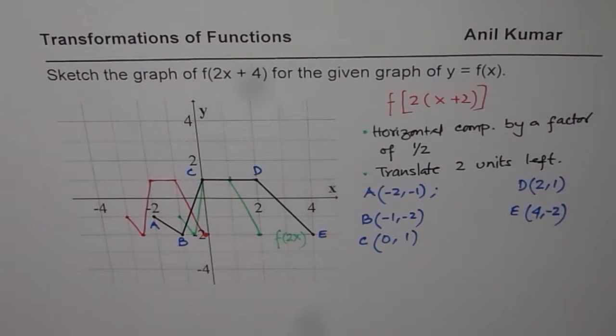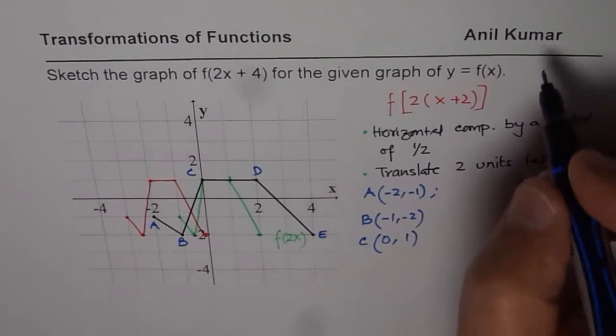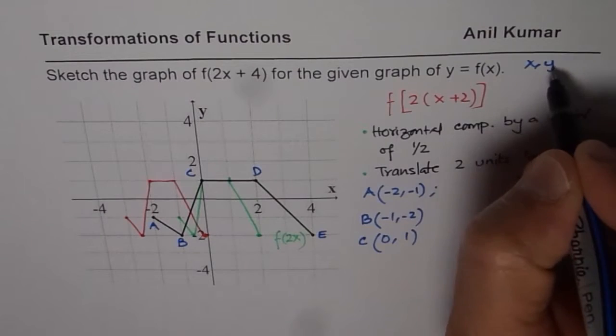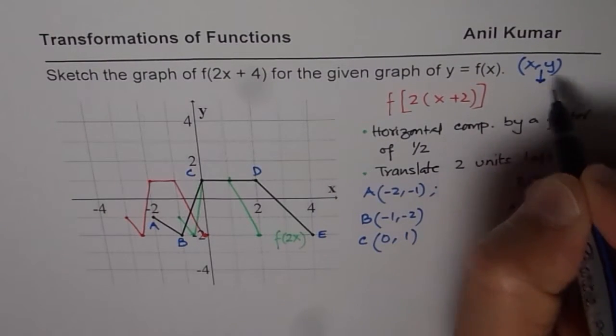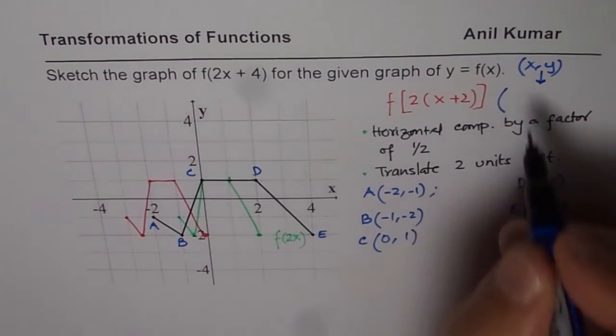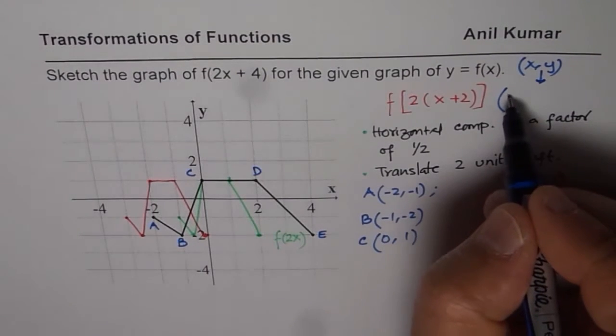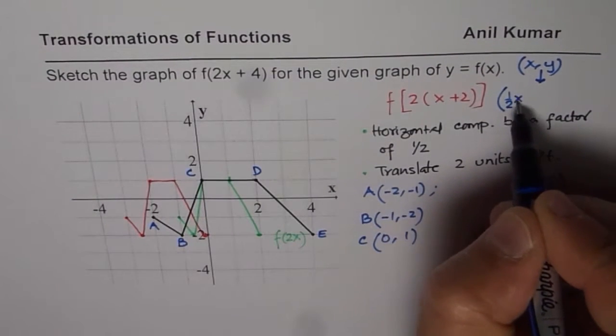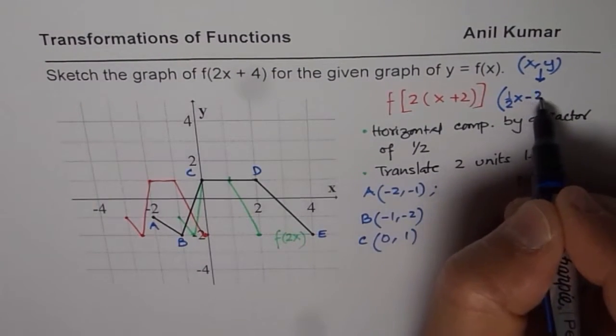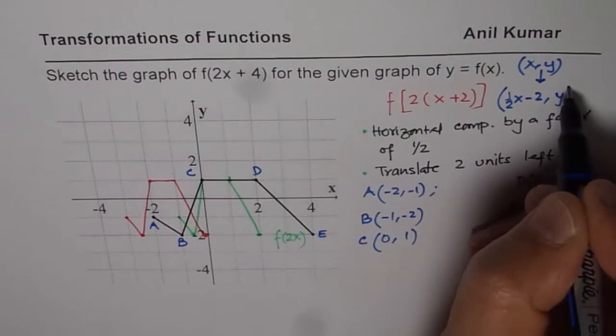If we apply the transformation, the x and y coordinates will have an image where the x values are going to change to half of x minus 2, right? But the y coordinates remain the same.